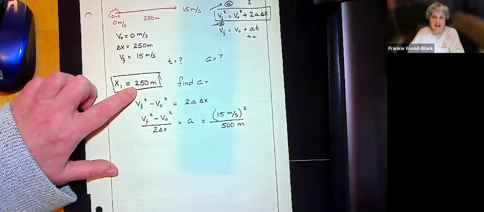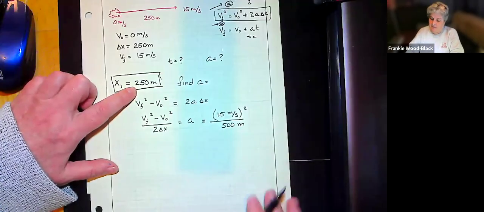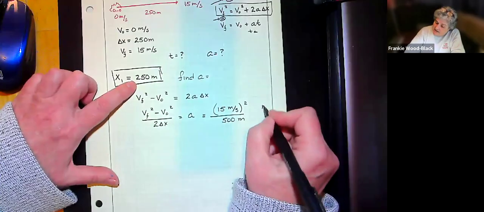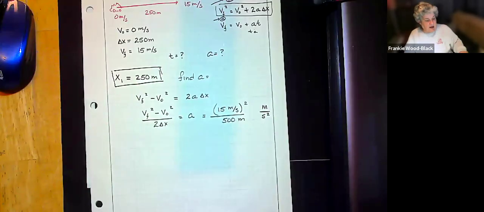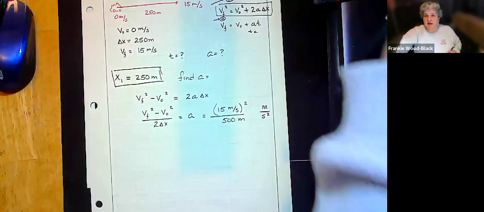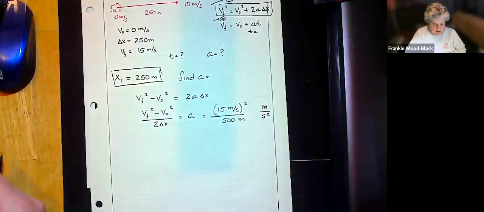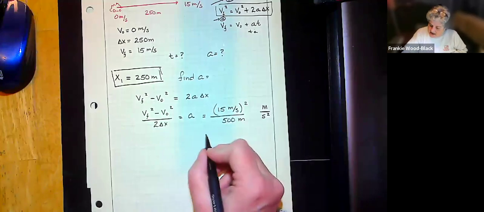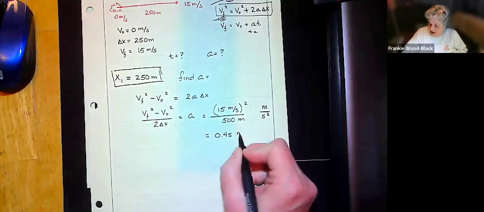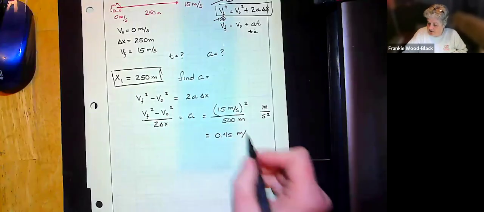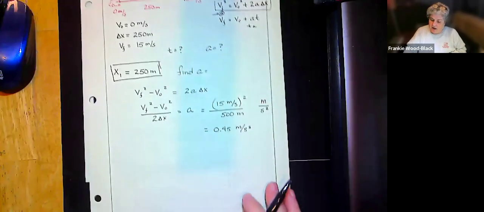I went ahead and did that calculation just so that I could keep my paper clean. And this gives me meters per second squared, so I know I'm doing this right. I get my handy dandy calculator out, and I get 15 squared divided by 500 meters. And this says that I had an acceleration of 0.45 meters per second squared.